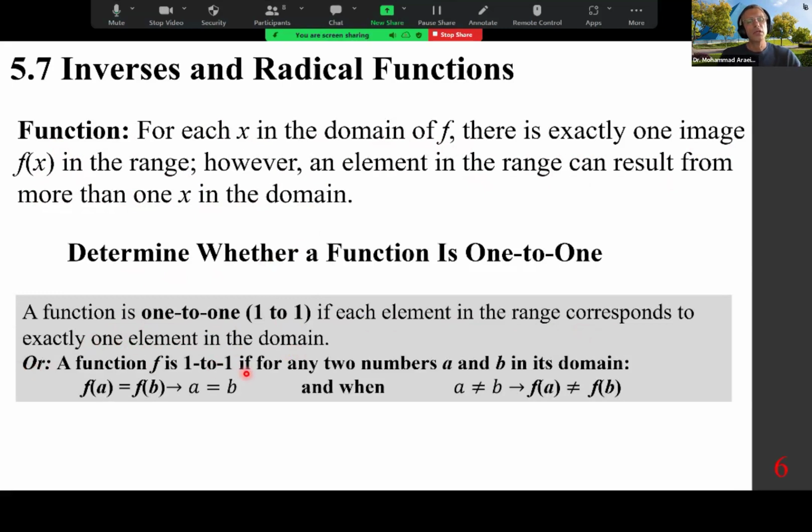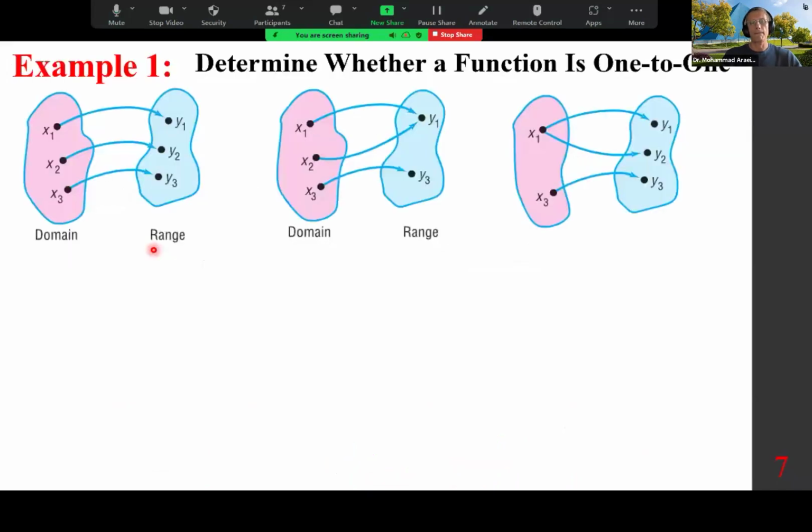Or a function f is one-to-one if for any two numbers a and b in its domain, if f of a equals f of b, then a must be equal to b. And when a is not equal to b, f of a cannot be equal to f of b. Or when x sub 1 is not equal to x sub 2, f of x sub 1 cannot equal f of x sub 2.